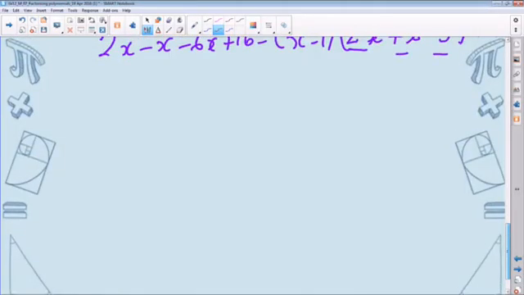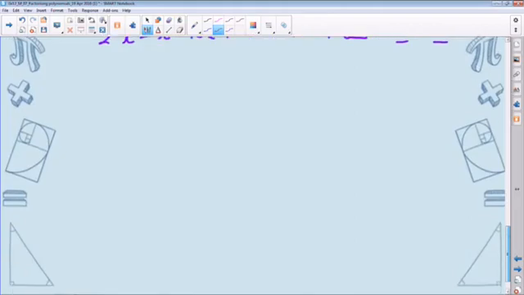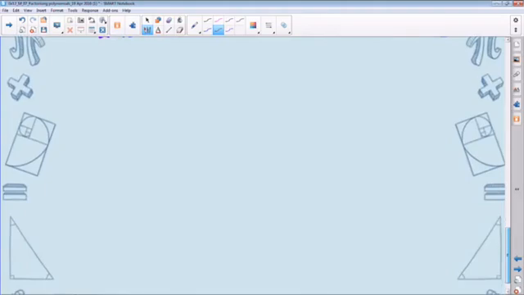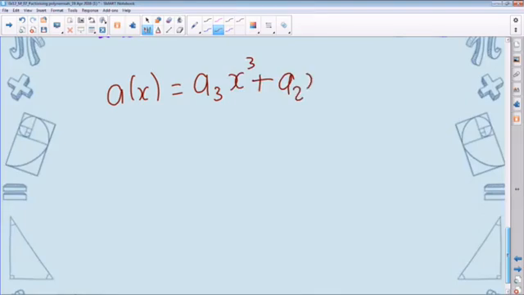Remember that your quotient will always be 1 degree lower than your dividend. So the general method: say your a of x, your polynomial, your dividend, is a3, that's your coefficient, remember, it's not a function, it's a coefficient, so it's a3 x cubed plus a2 x squared plus a1 x plus just your constant term, a0.